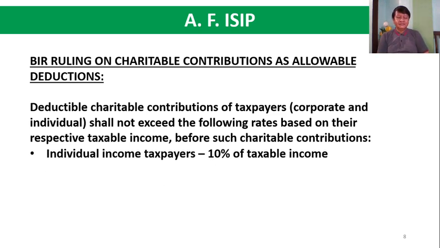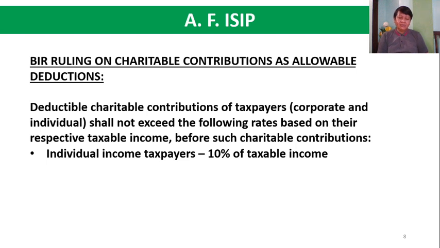The first one, if you are an individual taxpayer, you are given a limit of 10% of your taxable income. Example, you have a taxable income of 1,600,000 pesos. What is the 10% of 1,600,000 pesos? The 10% is 160,000.